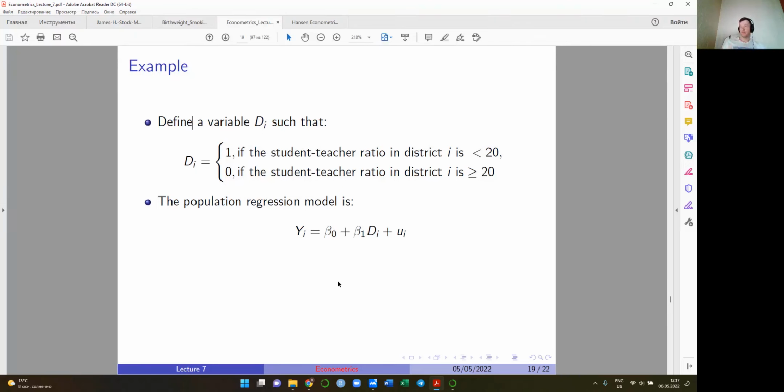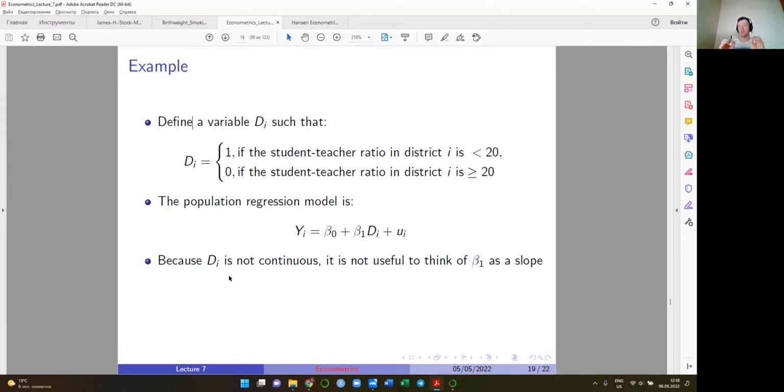So then a regression with a single binary regressor will look like this. We have beta 0 plus beta 1 d_i plus the error term. Now the problem is with the interpretation, because since d is not continuous, there is no line, right? So we are not able to draw a line because d is only 0 or 1. There are 2 points on the x-axis.